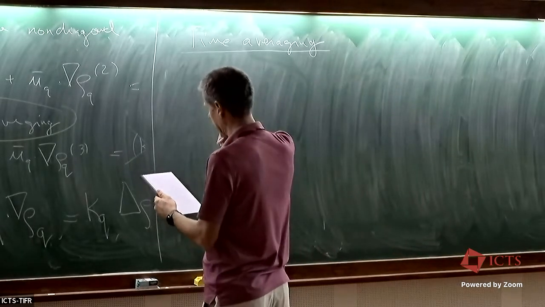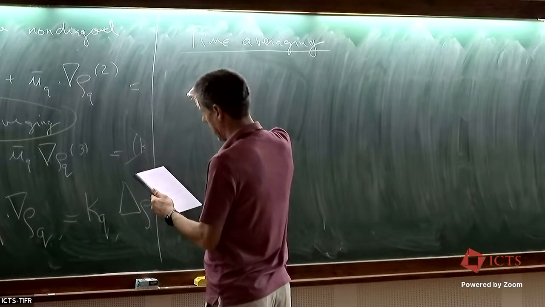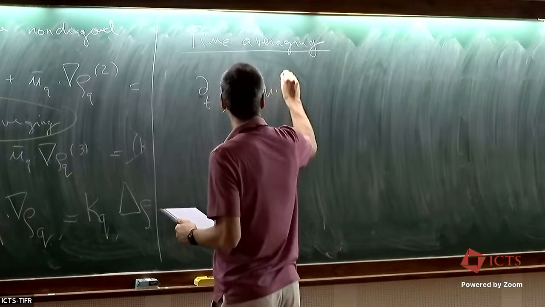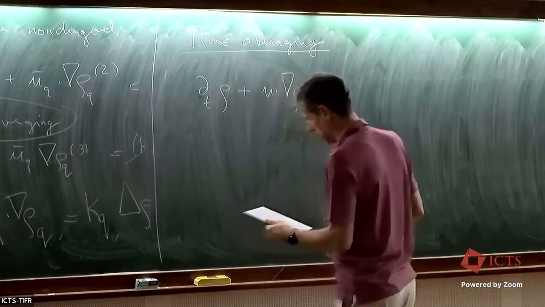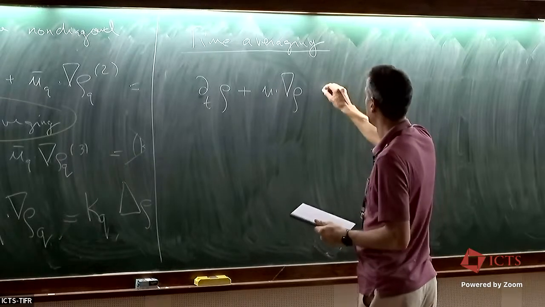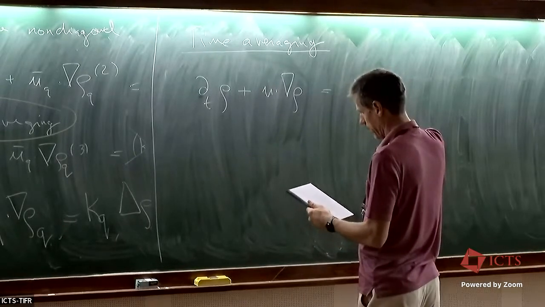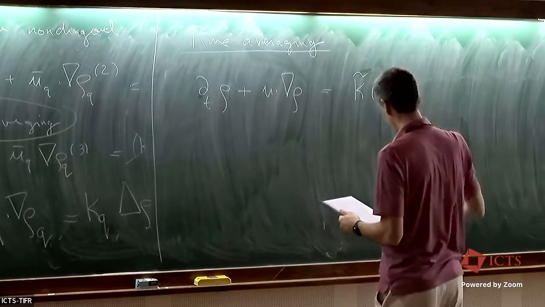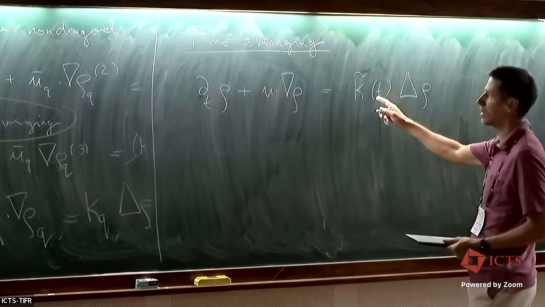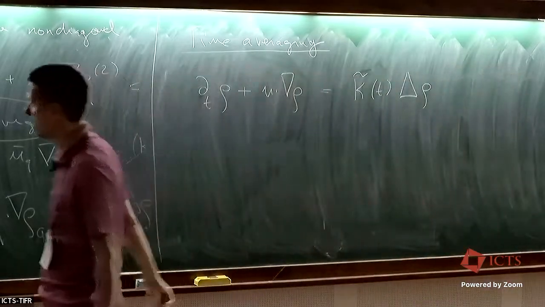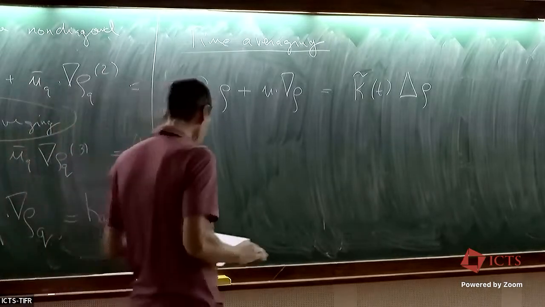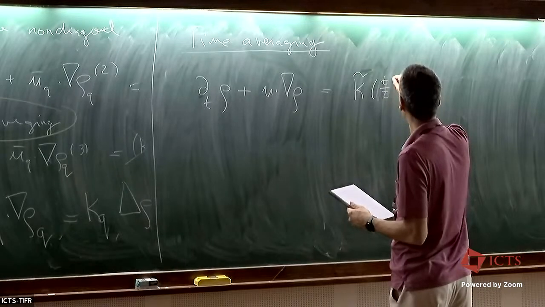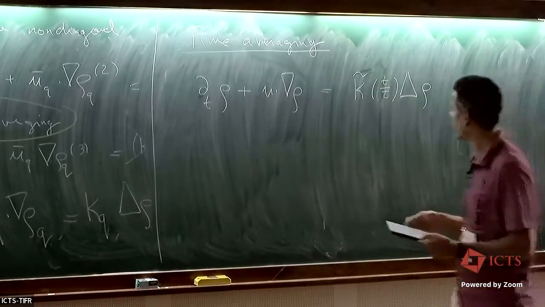So let's say I'm looking at an equation of the type u dot grad rho equals some kappa tilde of t divided by tau times the Laplacian of rho. I'm ignoring the x,t dependence.